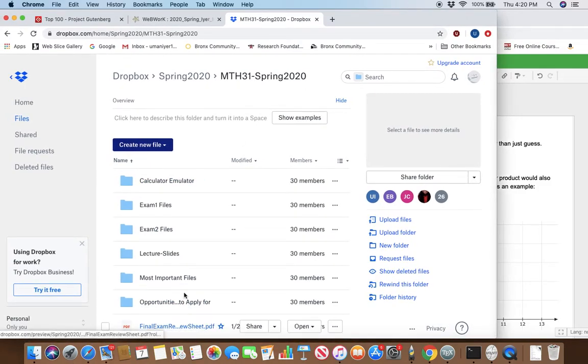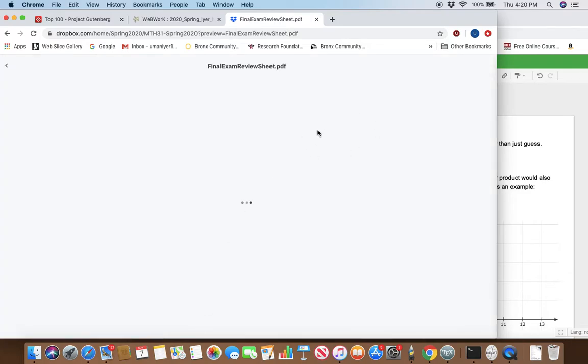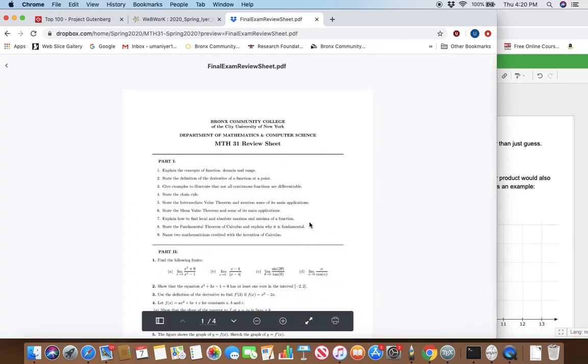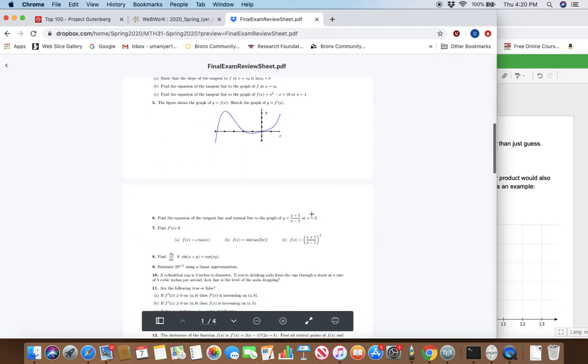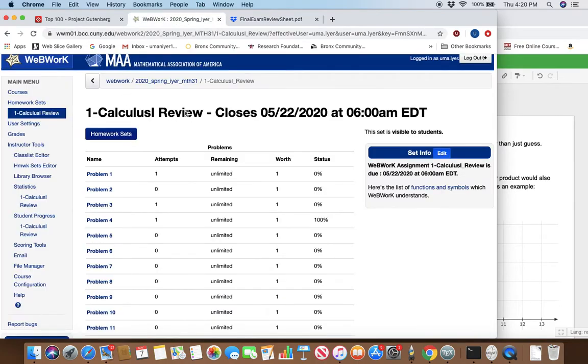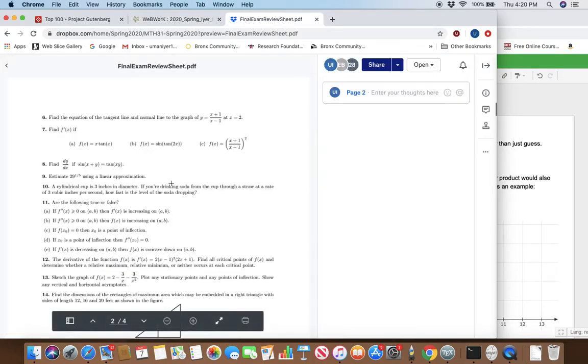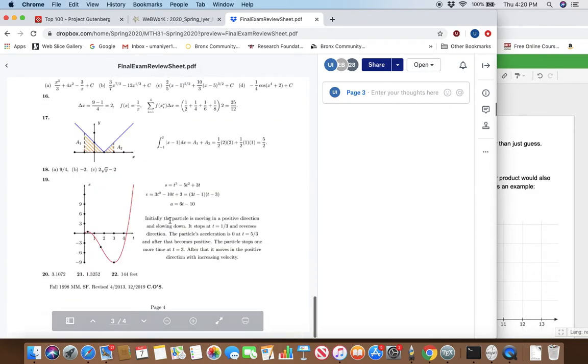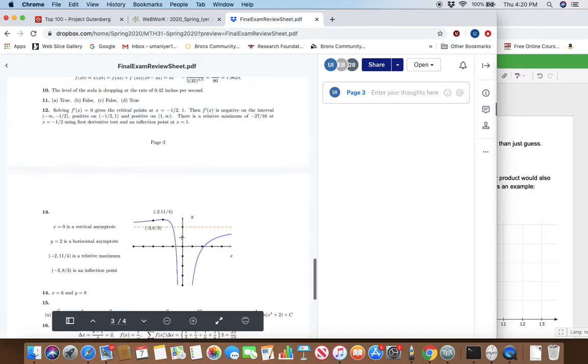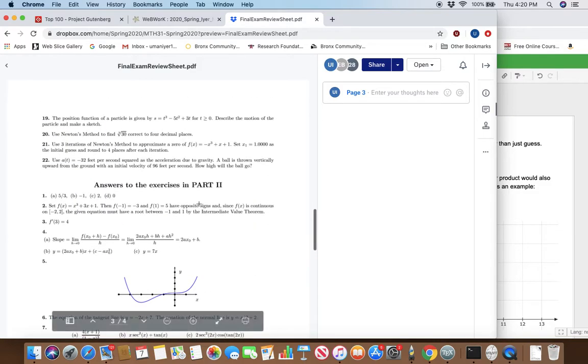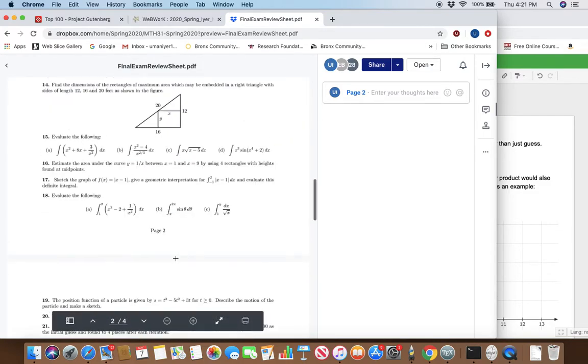It should be here. So when you have time, after going over the WeBWorK Calculus 1 review, go over this. The answers to this review sheet are at the end. You will see answers to your review sheet over here.